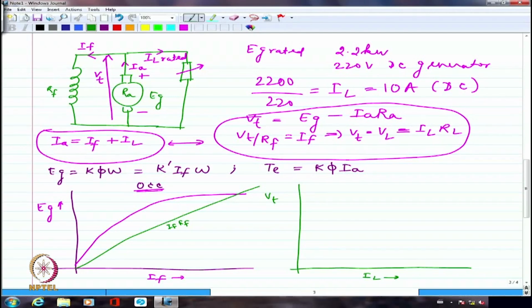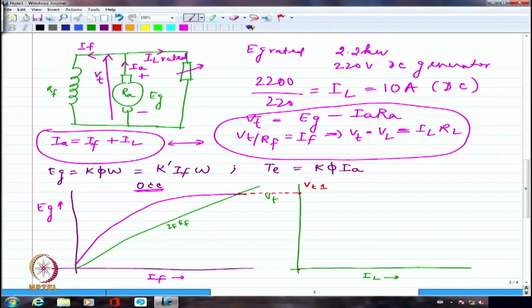That's it. Let me look first at the no load condition. So this is the operating point. Let me take this as the starting point of my characteristics, which is Vt1 at IL equal to 0.